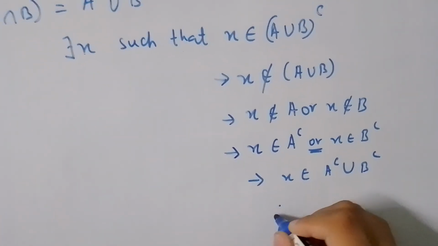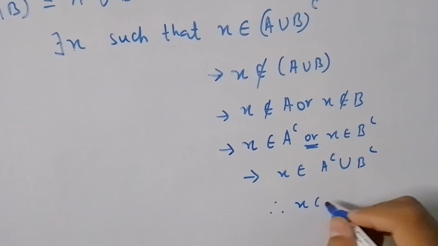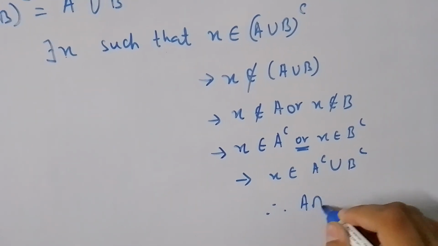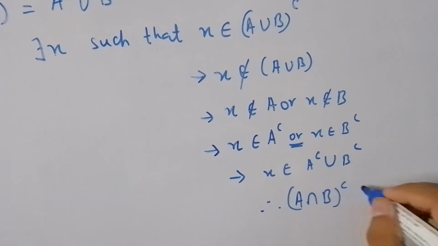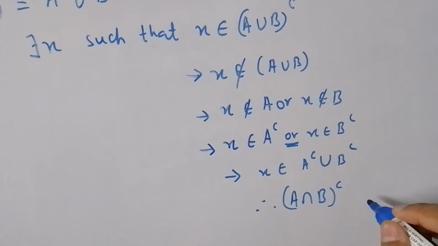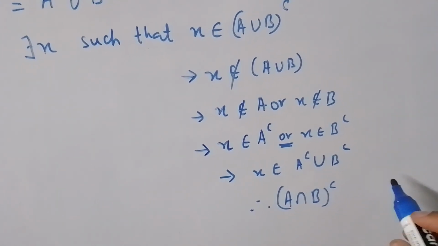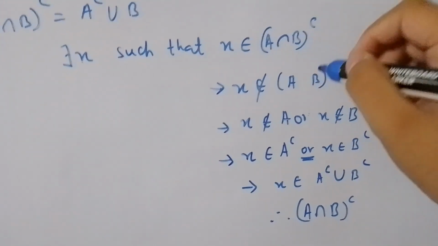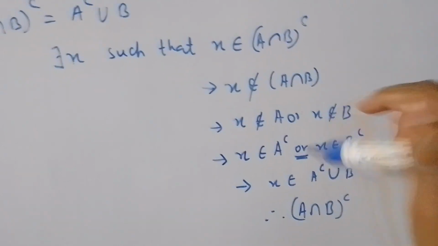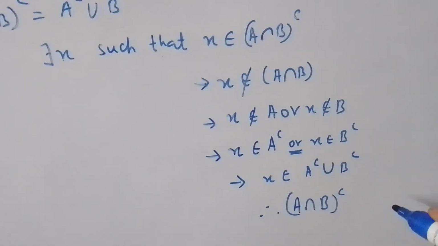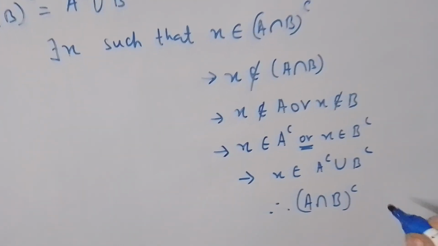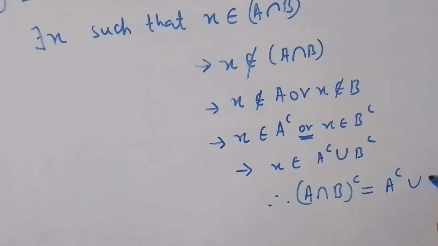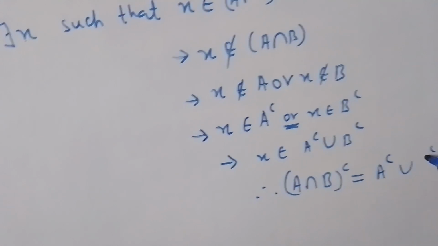So therefore (A intersection B) whole complement is equal to A complement union B complement.